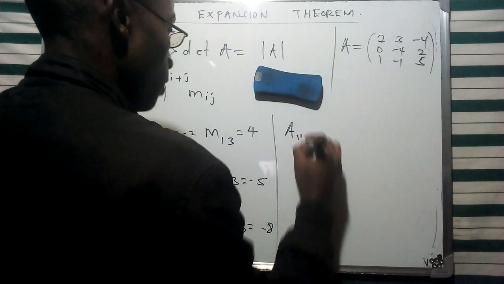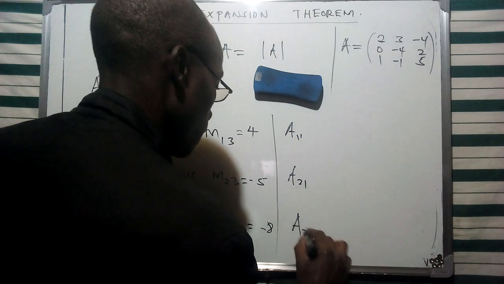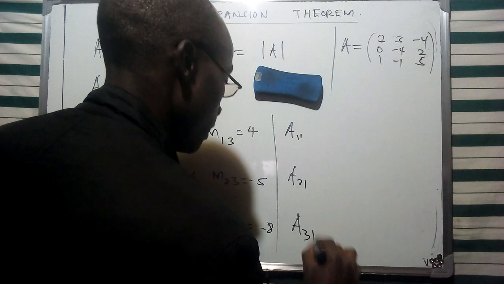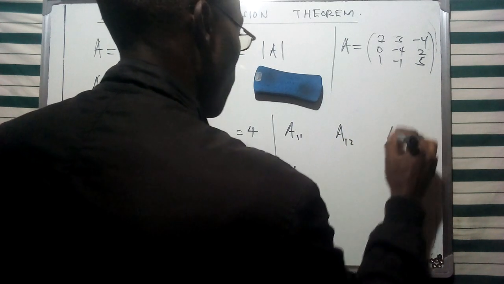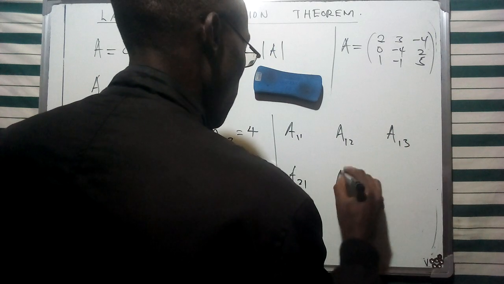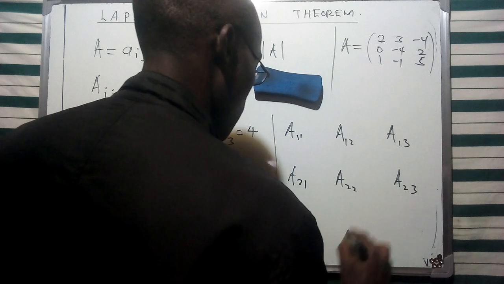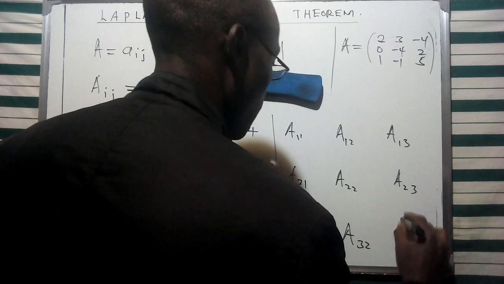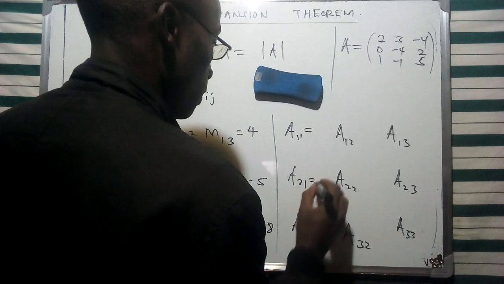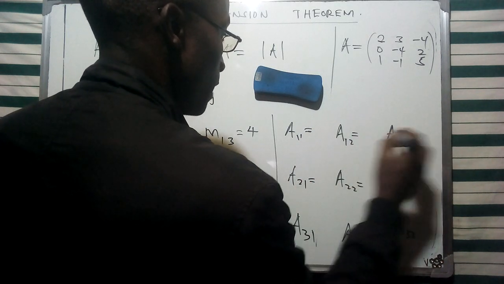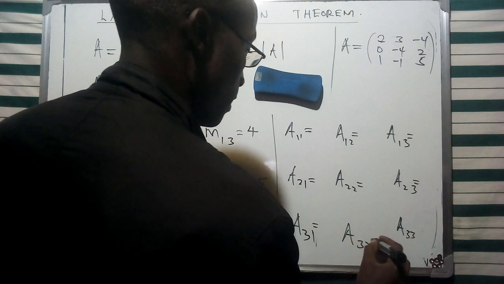Now in this case, I'm going to have this given in terms of the respective cofactors for A11, A21, A31, and then A12, A13, A22, A23, A32, and A33 respectively. So basically this is the minor multiplied by negative 1 raised to those specific sums respectively.